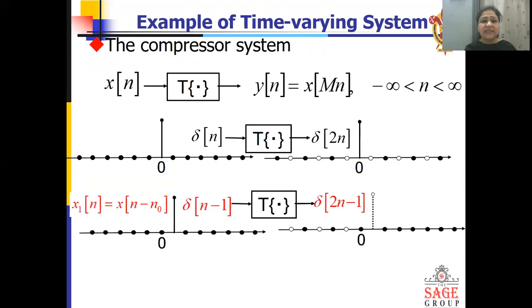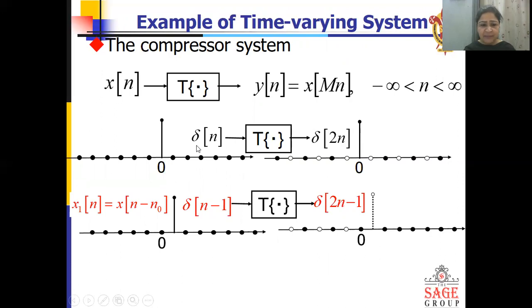Now consider, say, the compressor system. The compressor system will time scale any signal by a factor, say, capital M. Now, if the input is x[n], then y[n] will be x[Mn], where capital M is the scaling factor. Say I take M as 2.